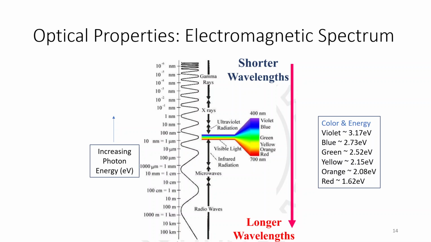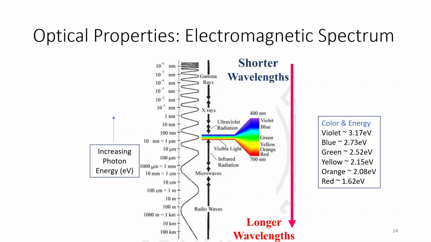One of the non-mechanical properties is optical properties. Here we talk about visible light, and other than that, X-rays and gamma rays are also part of the electromagnetic spectrum. These are electromagnetic waves, and as we move upwards, the wavelength gets shorter and the frequency increases, so photon energy increases as well.